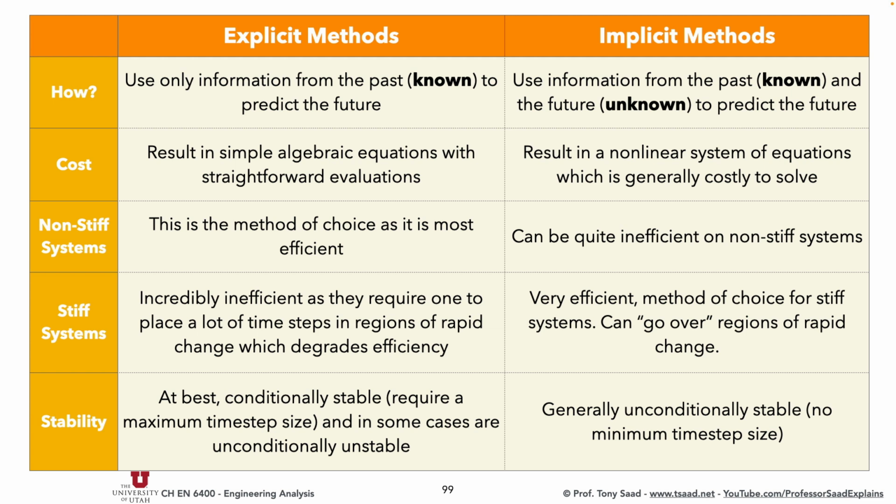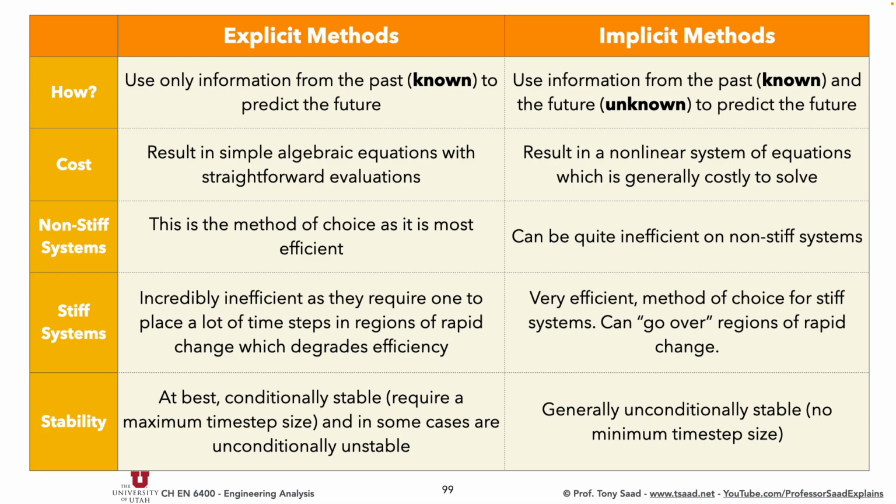What do you use for non-stiff systems? This is the method of choice: explicit methods. So when mu was small, the standard method in solve IVP is an explicit method. It's called the Runge-Kutta 45 method. It's a standard explicit method, and it works so well for non-stiff systems. That's why it was faster at the smaller mu, because at smaller mu's the time scales were about the same order.